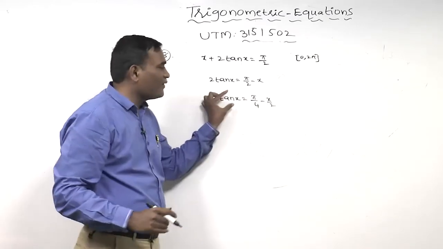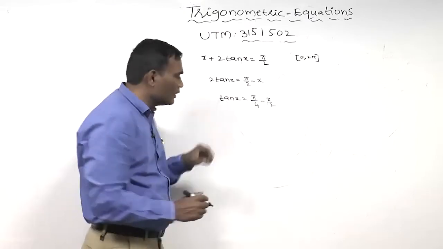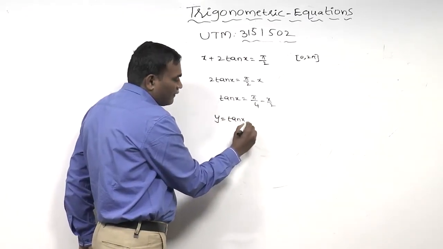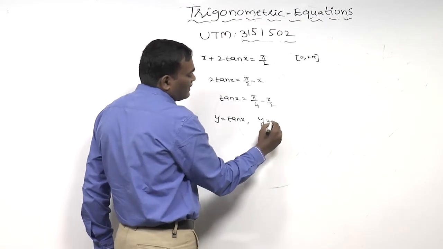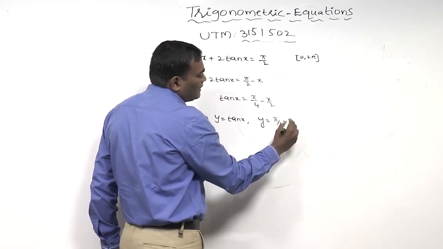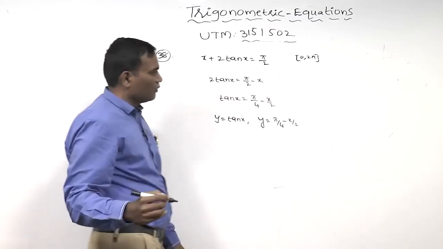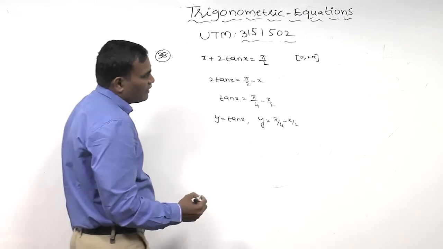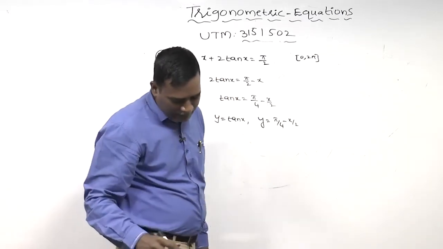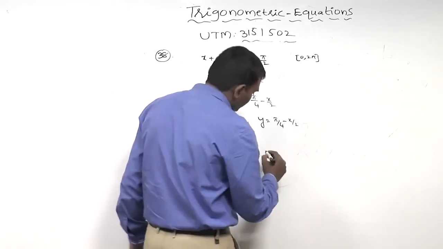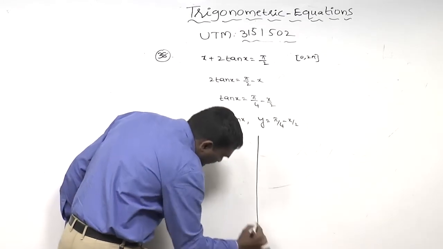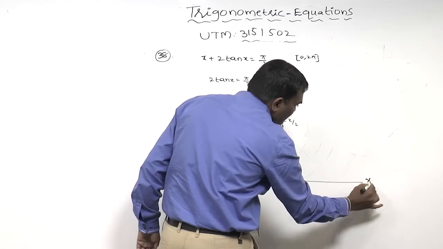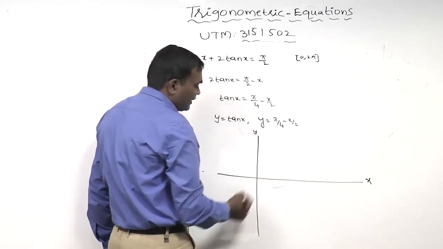Now you draw the graph of tan x and pi by 4 minus x by 2. Here y is equal to tan x is one graph, and the other graph is y is equal to pi by 4 minus x by 2. First, draw the graph of y is equal to tan x, with the x-axis and y-axis, in the interval 0 to 2 pi.